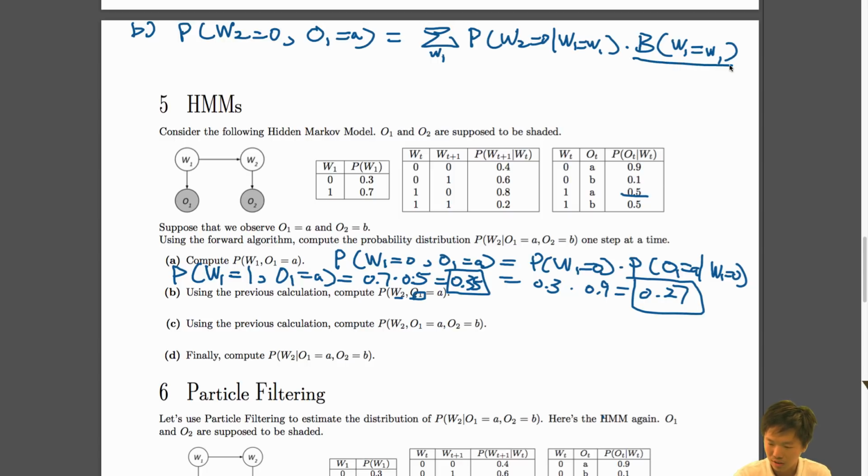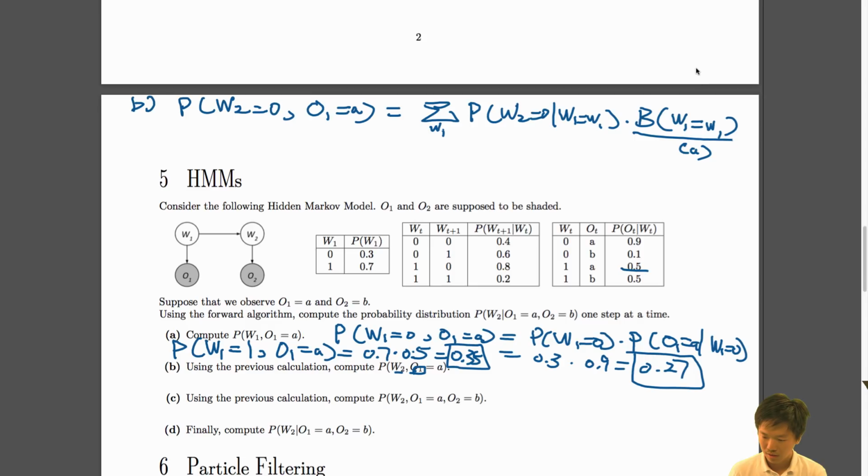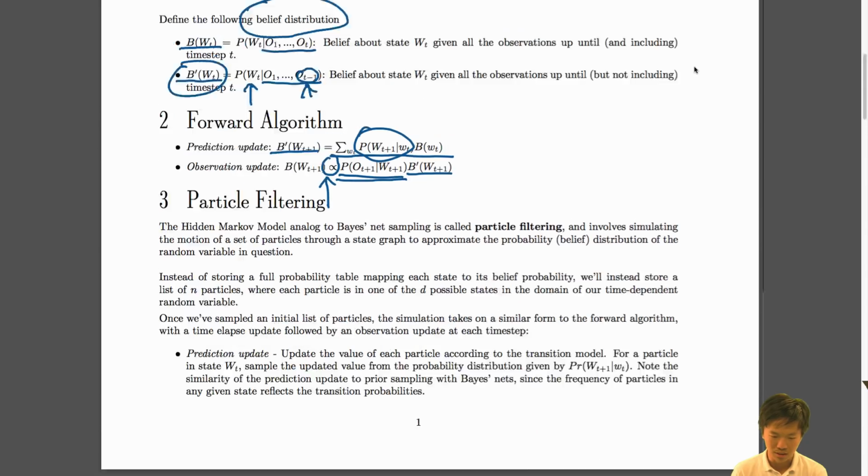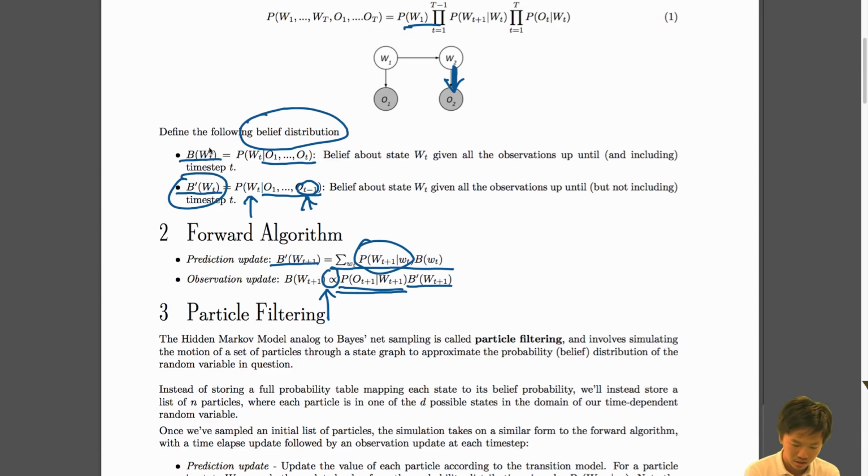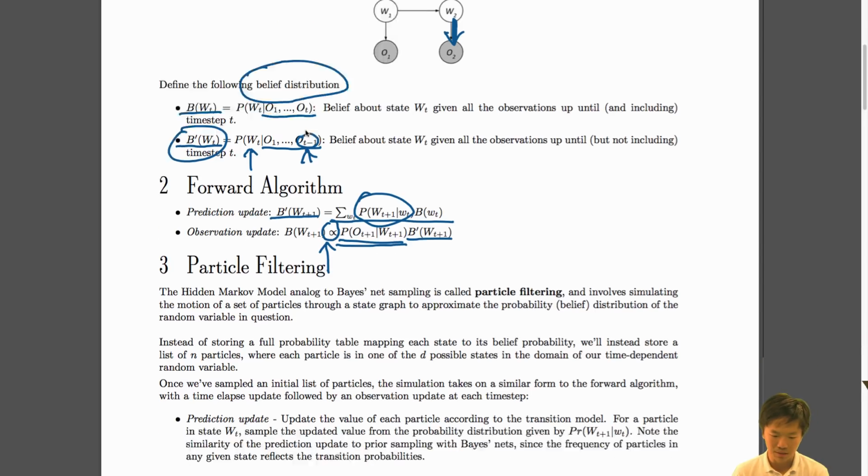And this term is exactly the result we got from part A, because if you look at the notation up here, the true belief B of WT is the probability of WT given all the observations up to time t.